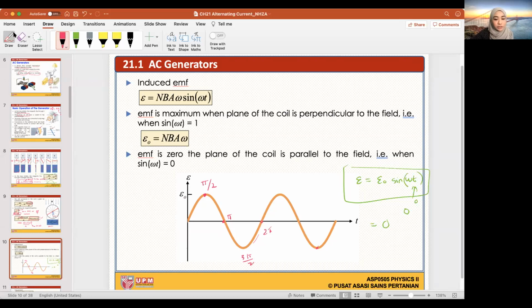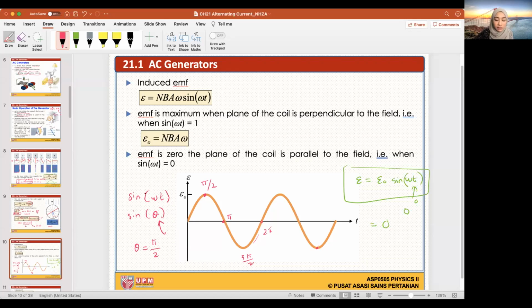Okay, so at pi over 2, when my sine omega t, or sine theta, boleh je sine omega t or sine theta, the value of theta is pi over 2.